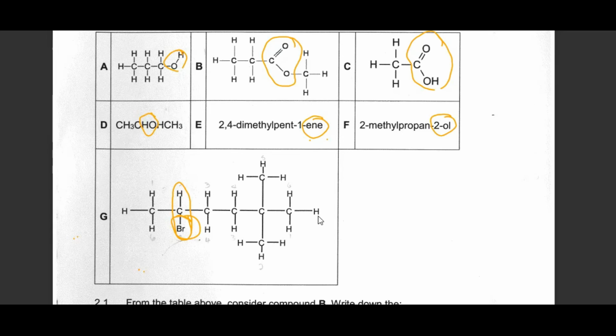Now we need to find out which one is, first of all, we know that this is an ester. And ester, how do they end? They end with the word "oate." Yes, but you need to know which one came from the alcohol, which one came from the carboxylic acid.